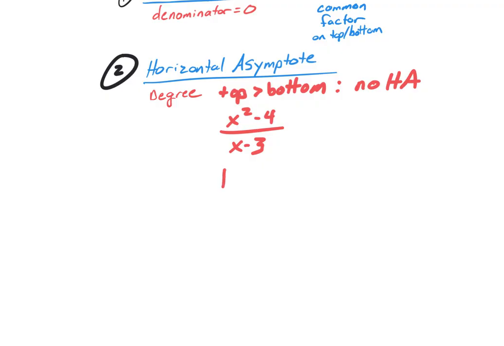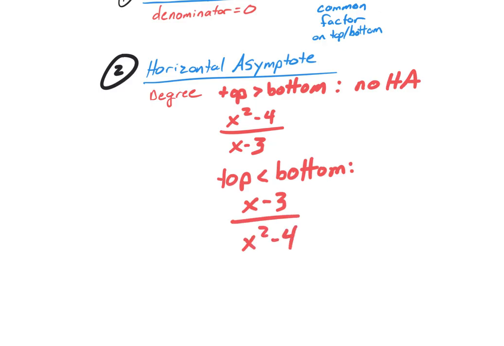Okay, the second one we're going to look at, if the top is less than the bottom. Okay, if the top is less than the bottom, it could be just the opposite of what we just saw. Maybe I have x minus 3 on top and x squared minus 4 on bottom.